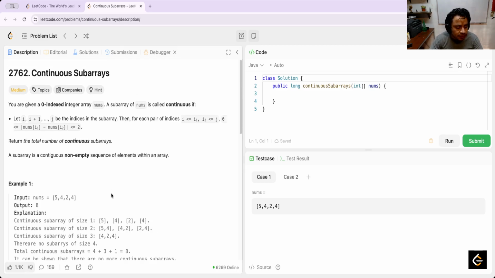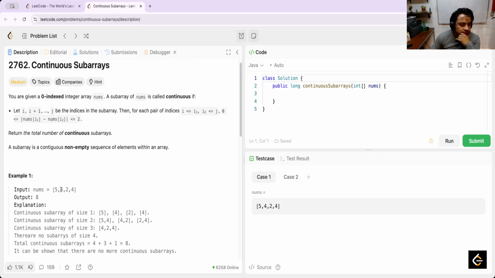But it's not clear to me what this means. Let i plus 1 until j be the indices in the subarray. Then for each pair of indices i1 and i2, they should be less than or equal to j.